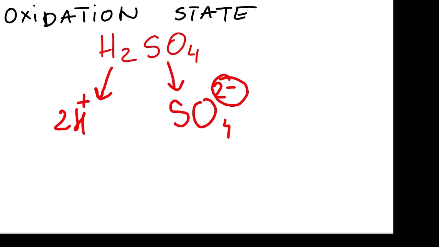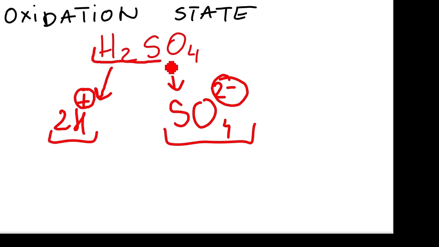The charge of every single hydrogen cation is equal to plus 1. Two hydrogen cations give us a charge equal to plus 2. Plus 2 plus minus 2 gives us 0. So the net charge, the net oxidation state of the sulfuric acid particle, is equal to 0.